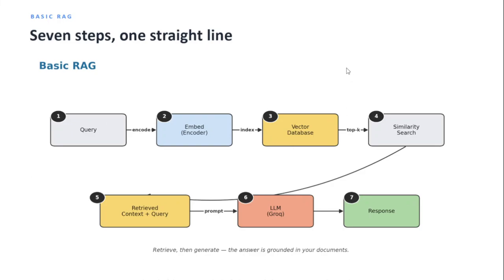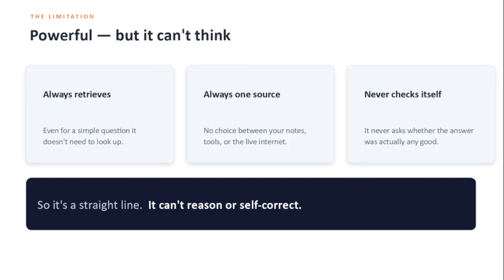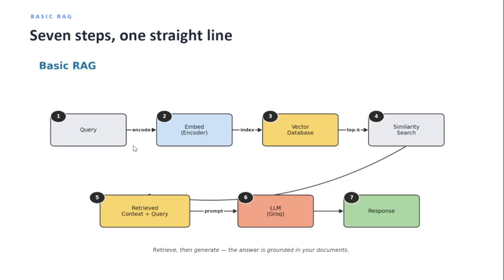Now, this basic RAG is powerful, but it follows a straight line. It always retrieves from the same source, never checks its answer, and can't think. That's where agentic RAG is more powerful. If you look at this flow, it takes the query, retrieves from the vector database, and gives the response.